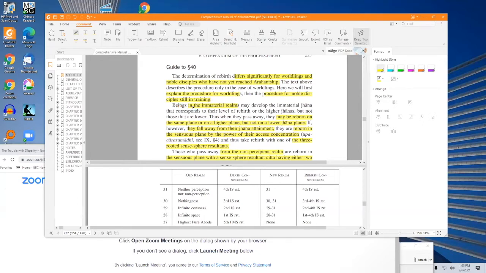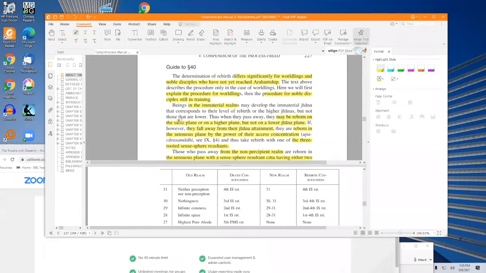Okay, so now we start with beings in the immaterial realms. Those in the immaterial realms may develop the immaterial jhana, or immaterial absorption, that corresponds to their own level of rebirth or a higher attainment, but not a lower attainment. So when they pass away, they may be reborn on the same plane or on a higher plane, but not on a lower jhanic plane.